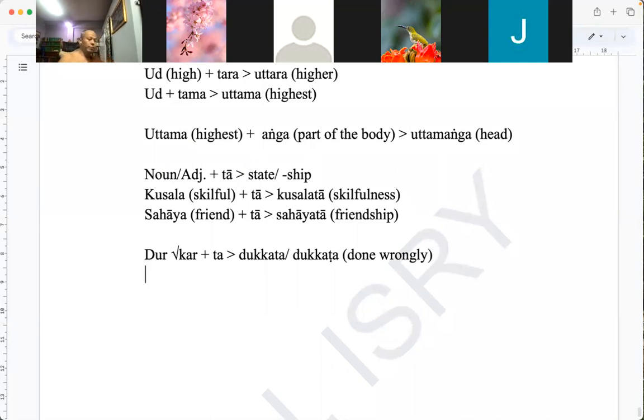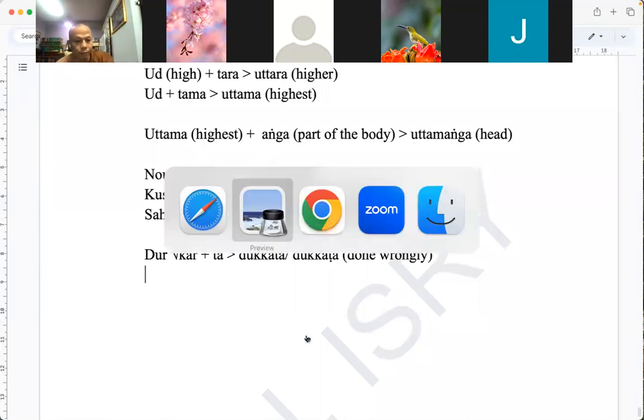Dukkata: done wrongly, that is a mistake. Originally, literally, it is a past participle adjective.